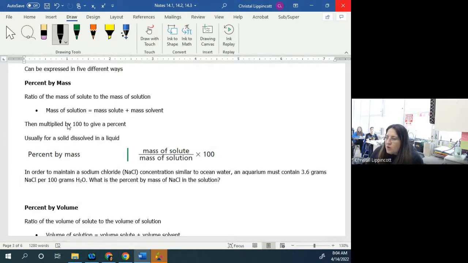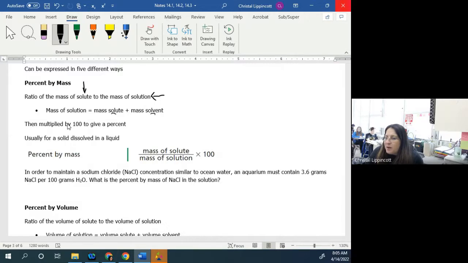First of all, you need to have some decent vocabulary. You need to know that the solute is what is being dissolved in the solvent, and when those 2 things are dissolved together, it makes a solution. The mass of the solution is your solute mass plus your solvent mass. You add these 2 things together, and that gives you the mass of your solution.